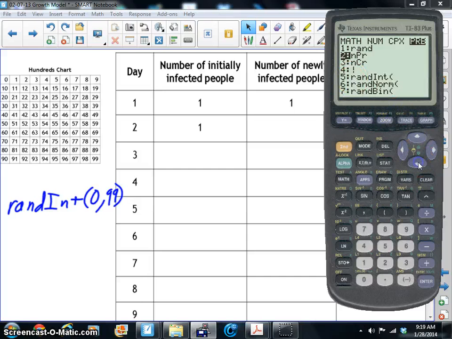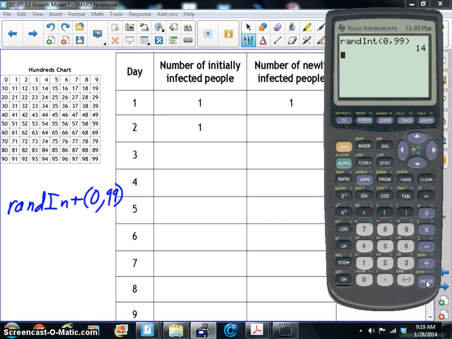We want random int, so we want selection number 5. Click that. Now we type in 0, comma, which is the button above 7, just in case you didn't know, comma, 99, and then close the parentheses. Once it's entered, we don't have to enter it anymore. I'm going to push enter once, and it spits out 14.